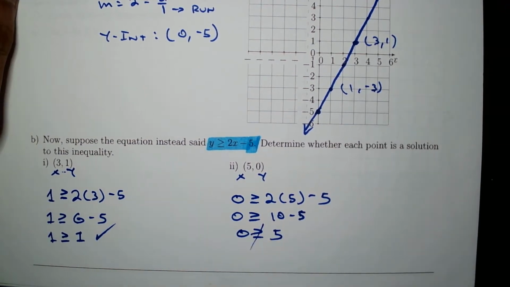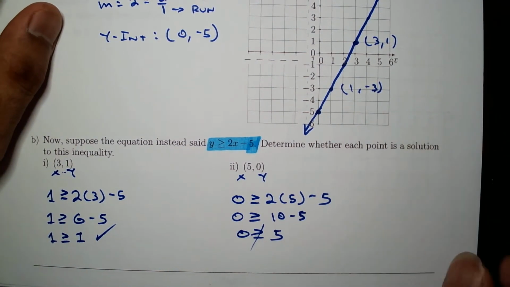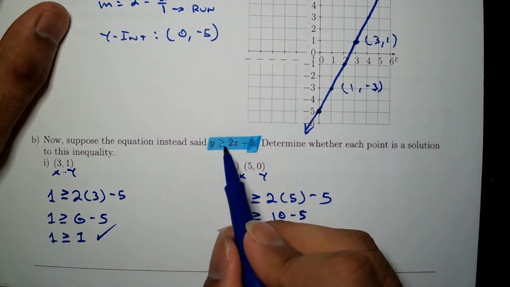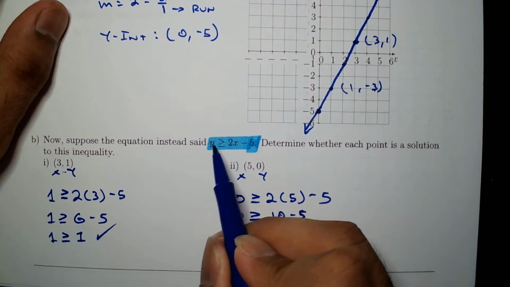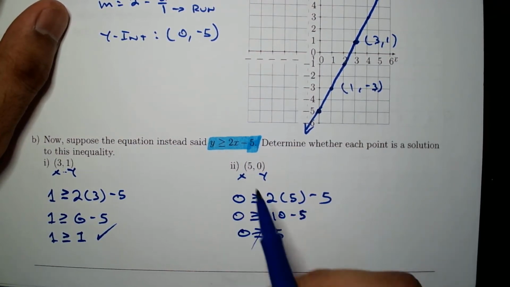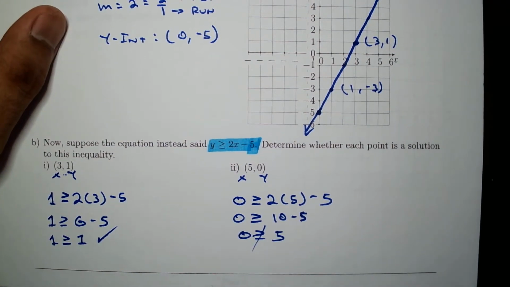So this is not true. 0 is not greater than or equal to 5, so that is not a solution to this inequality. In fact, it would be a solution to the inequality with the sign in the opposite direction, because 0 would be less than 5.